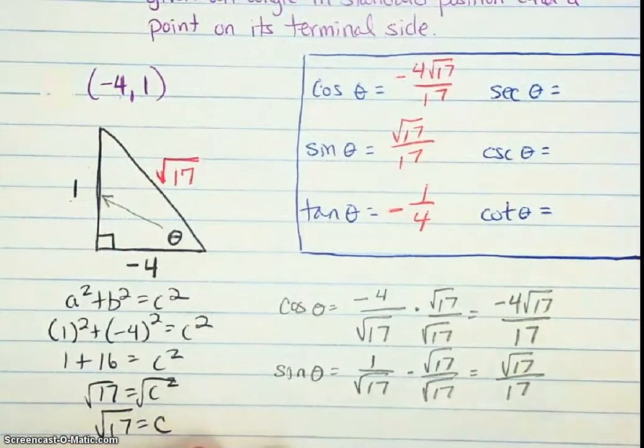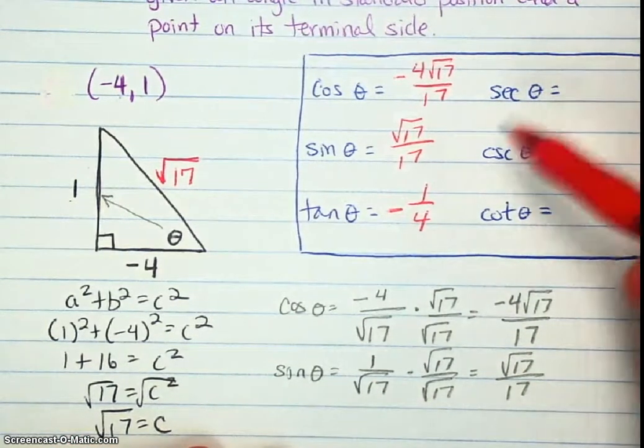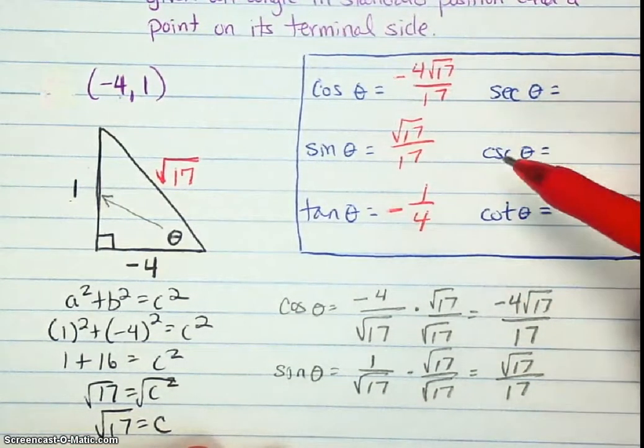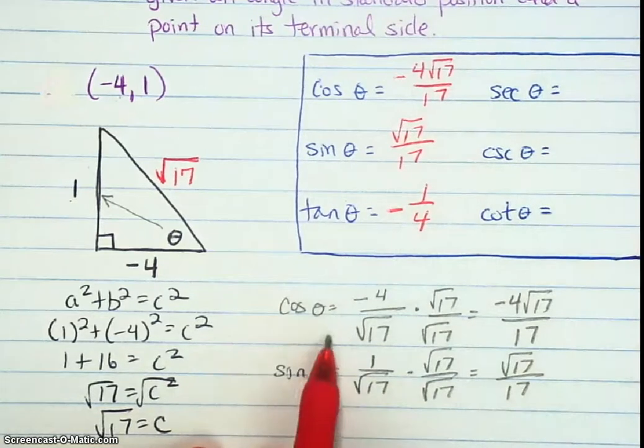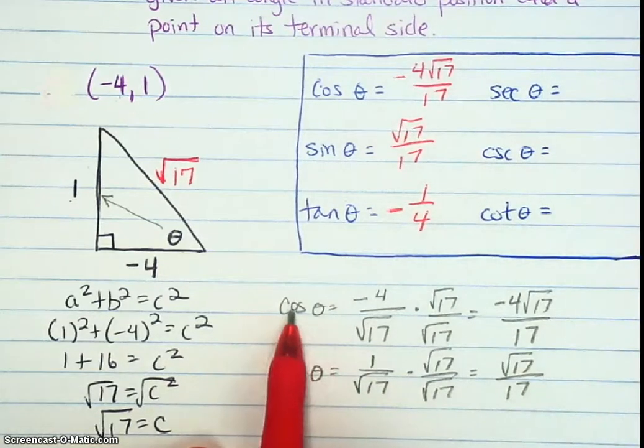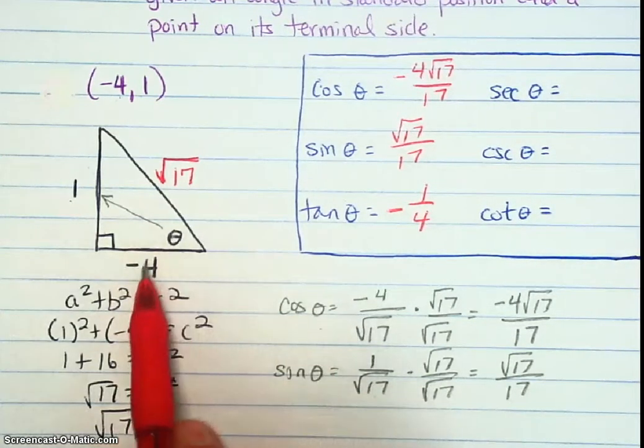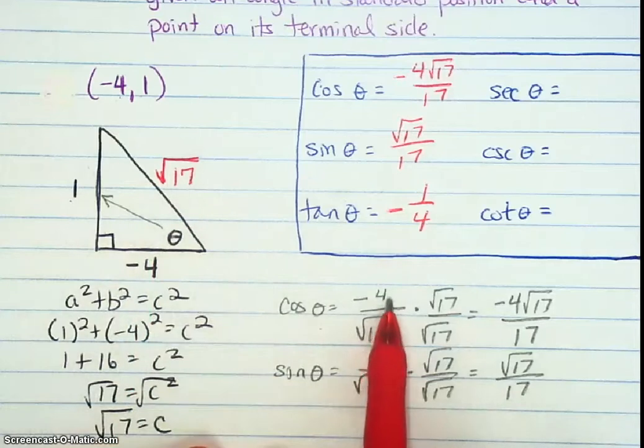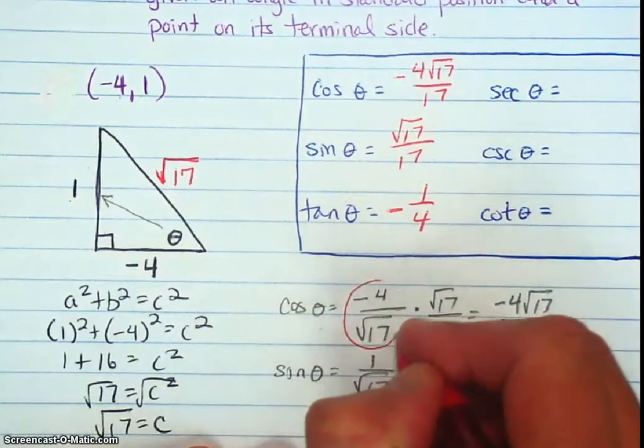Okay? Now, to get the secant, cosecant, and cotangent, all I have to do is the reciprocal of these. What I would do is go back to the original problem. When I did the cosine, and I did adjacent over hypotenuse, I had negative 4 over the square root of 17. I'm actually going to flip that one.